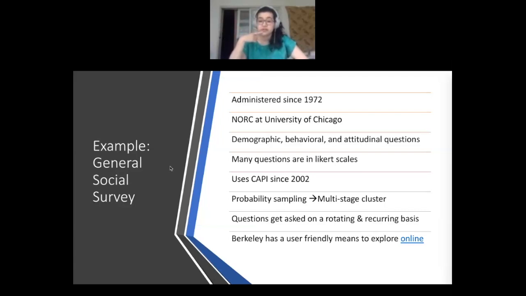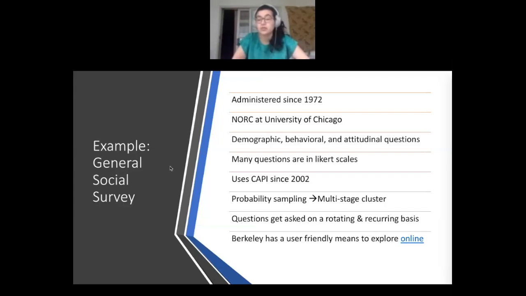Many of their questions are on a Likert scale, either a 3-point Likert scale or 5-point Likert scale. And it's done out of the University of Chicago, NORC. It's really cool. I used this database for my undergraduate thesis.